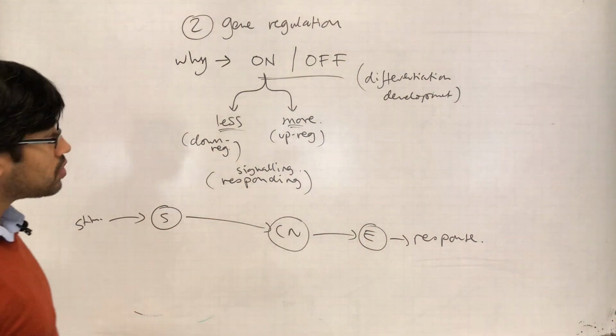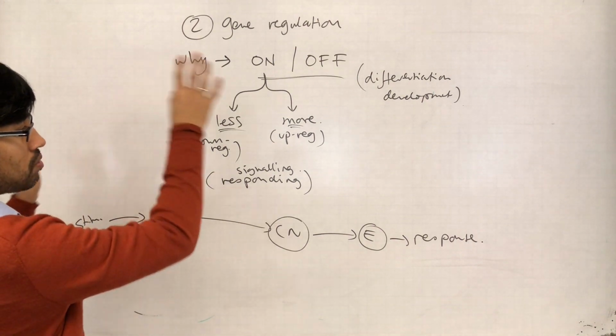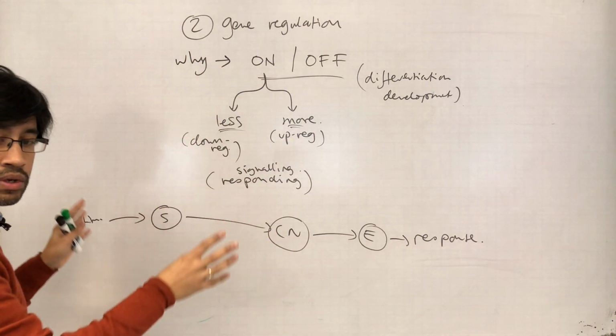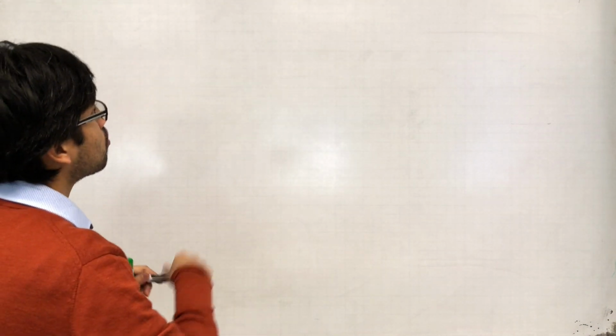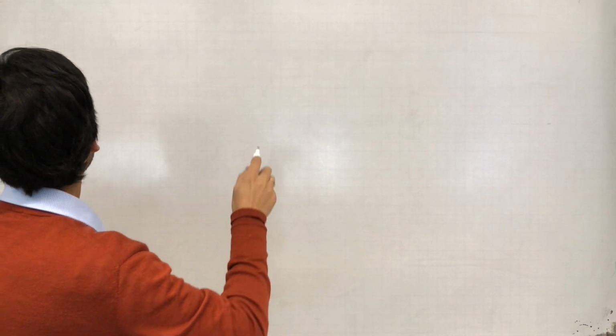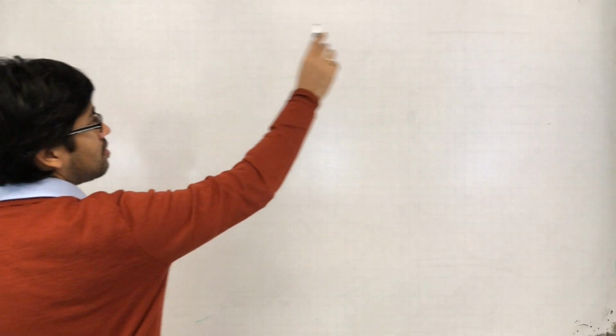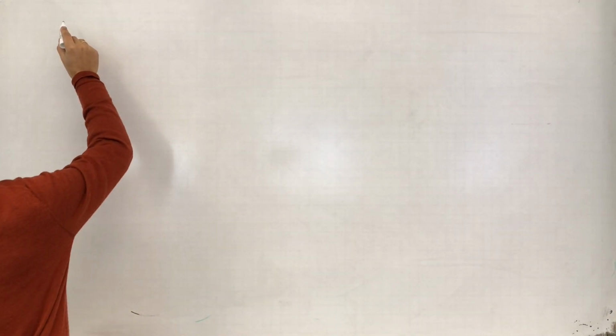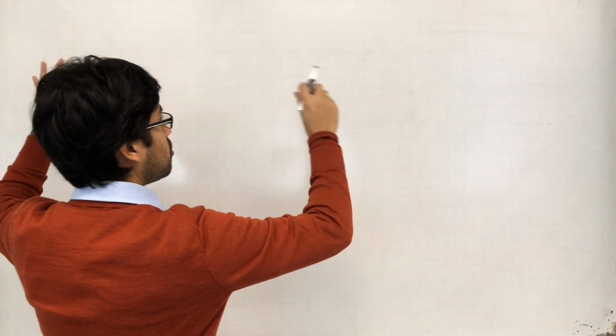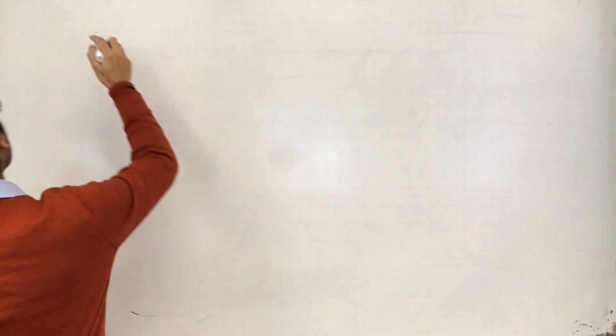Okay, so now what we'll do is move on to how this is all happening, or how it could happen. So now let's talk mechanisms, and I think it might be good for us to just retrace the protein or the gene expression route, okay?